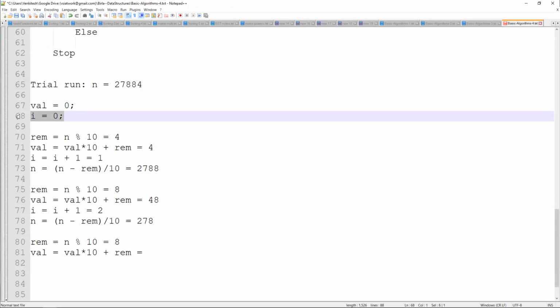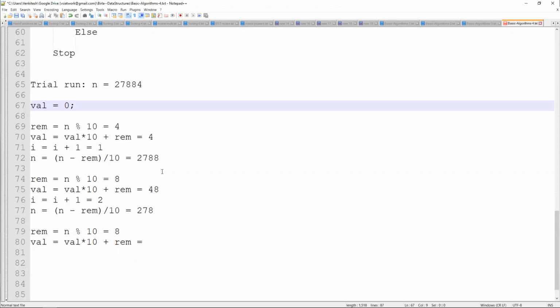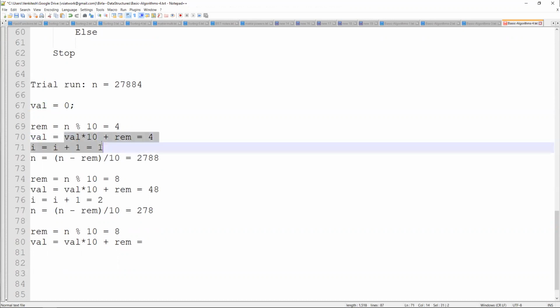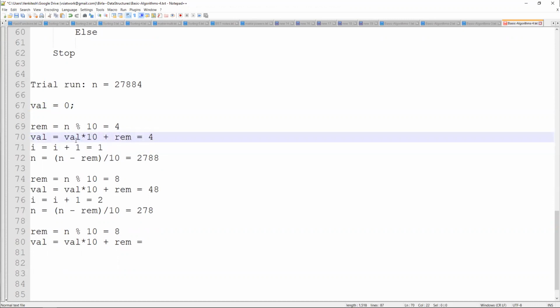Okay, and it turns out that we don't need I. So just value. Now rem will always extract the last digit. So rem is equal to n mod 10, which is the last digit. Then value, I will set it to value times 10 plus remainder. Value currently is 0, so I multiplied by 10, I'll again get 0. And then I'll add remainder, that's 4.